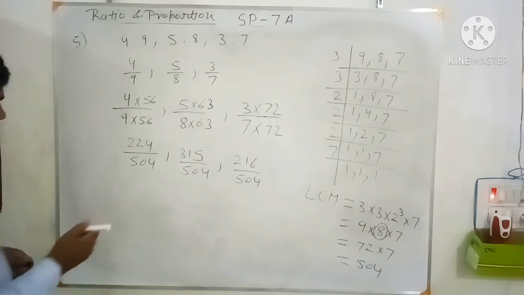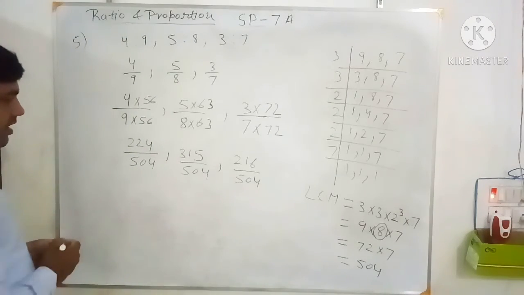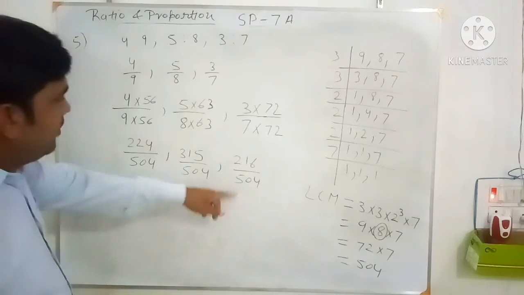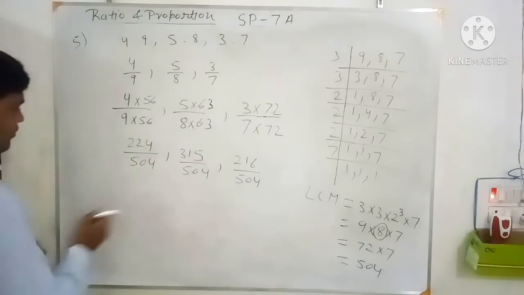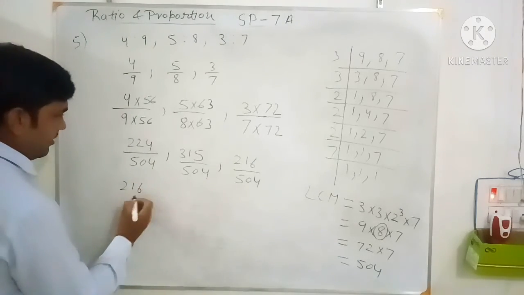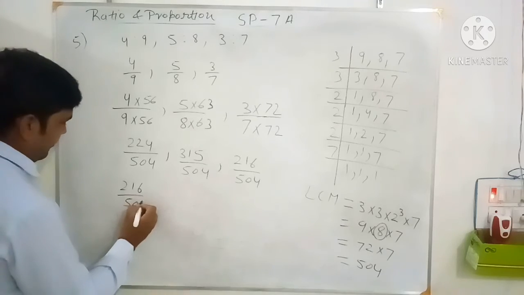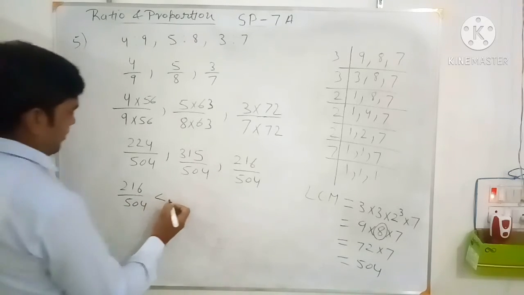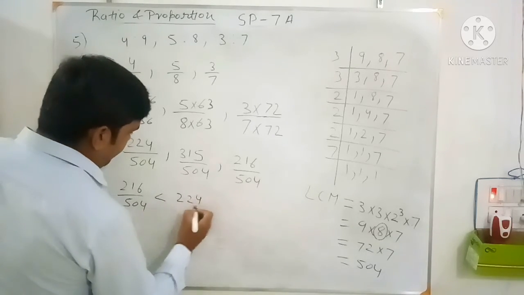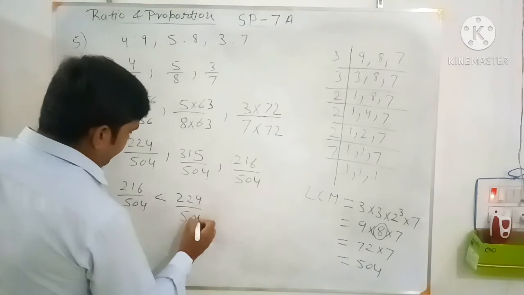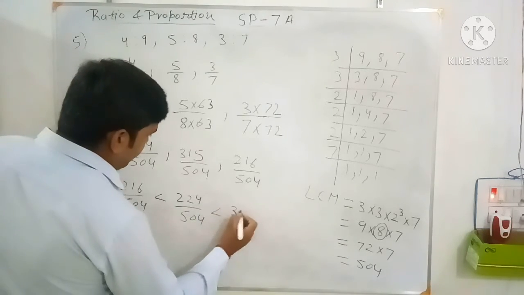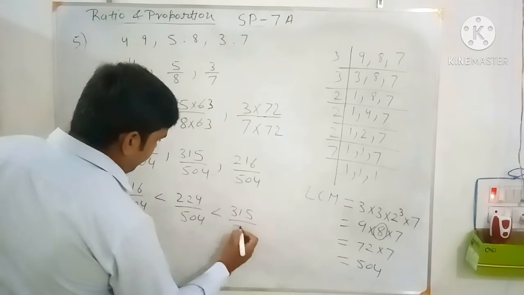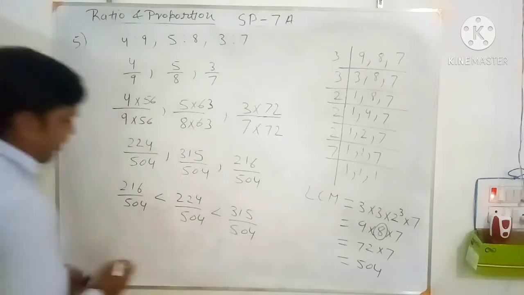So now we can arrange it as, so 216 is the smallest. So what you can write? 216 by 504 is less than 224 by 504 is less than 315 by 504.